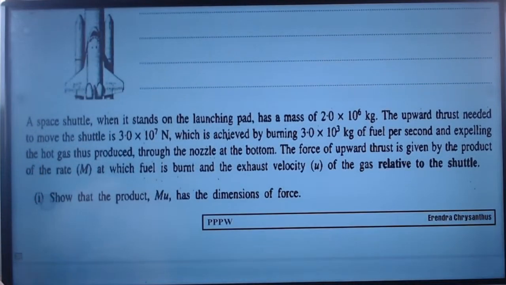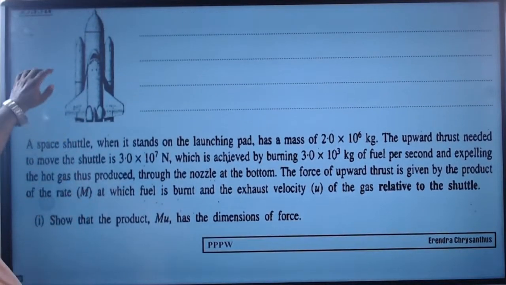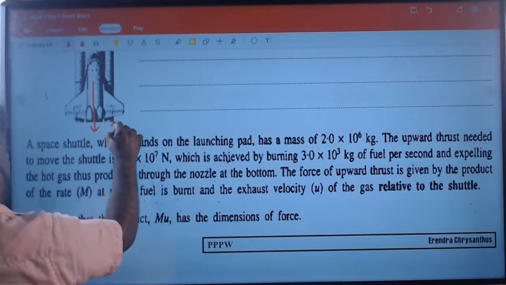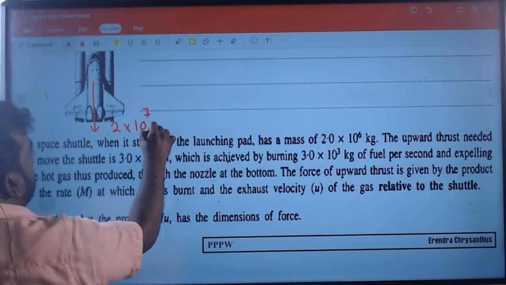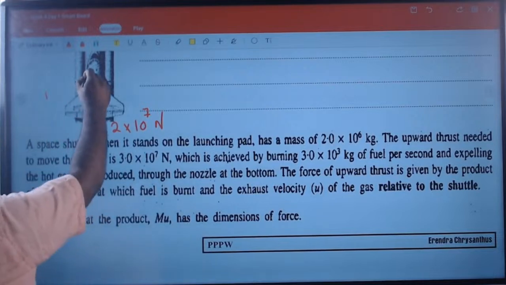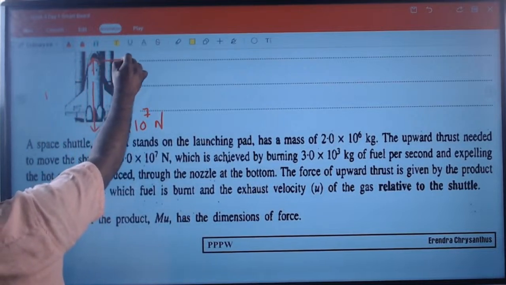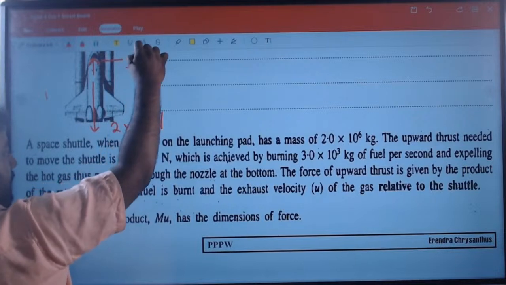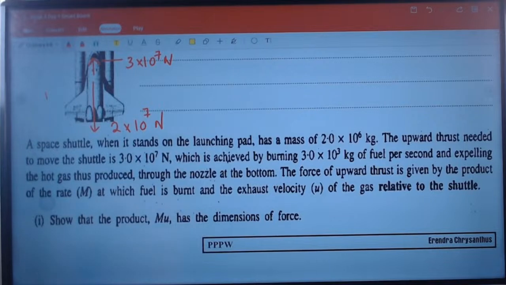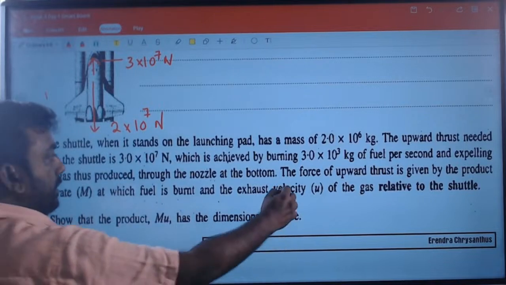Space shuttle stands on a launching pad. Let's mark the forces and go. Weight is given as 2 times 10 to the power 6 kilograms, or 2 times 10 to the power 7. Upward thrust needed, thrust is given as 3 times 10 to the power 7. Force of upward thrust is given by the product.